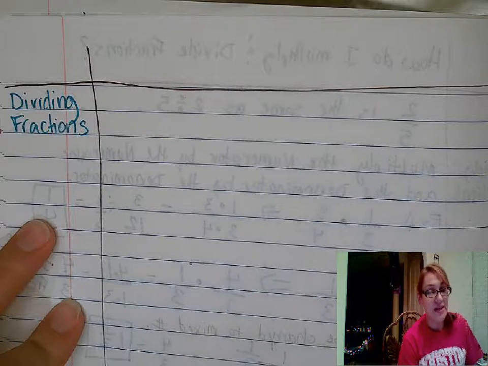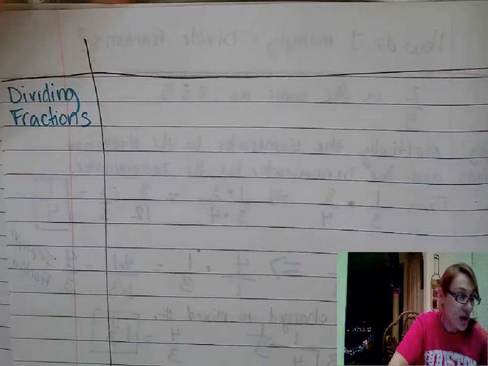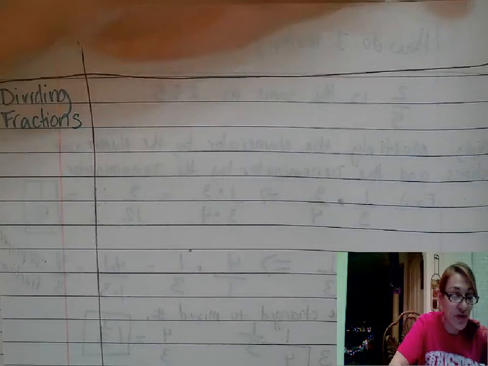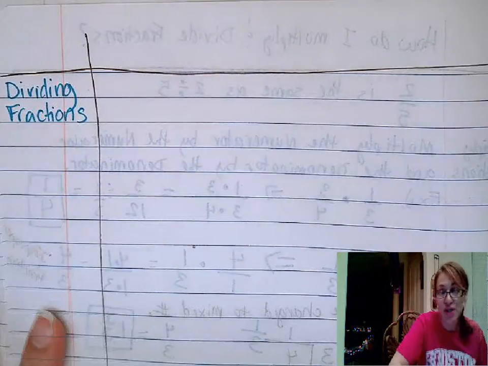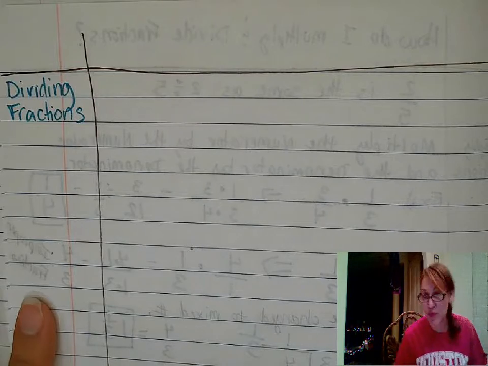It's called KCF. Some of you guys may not need to use it, but like I said, whatever strategies I show you, you can use if it works. If it doesn't, and you have another strategy that works for you, then use that strategy.